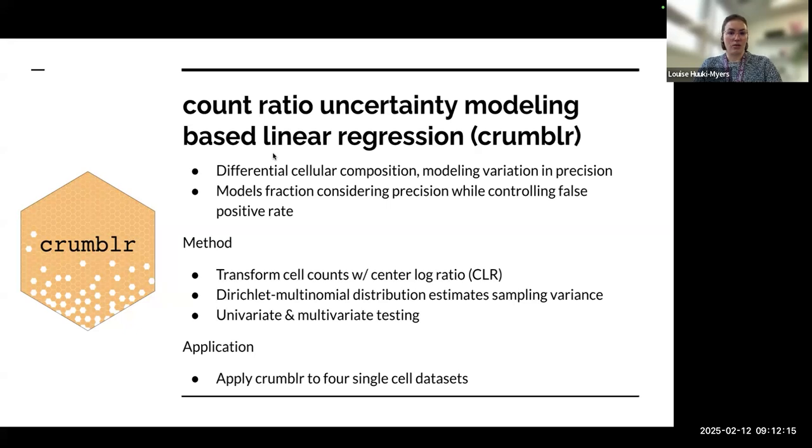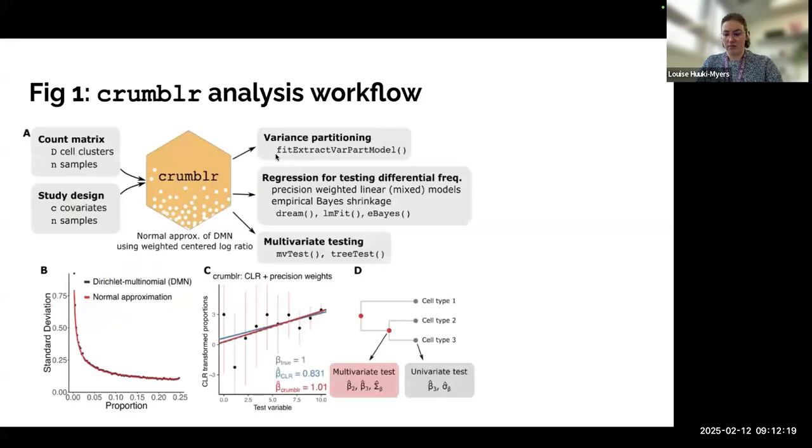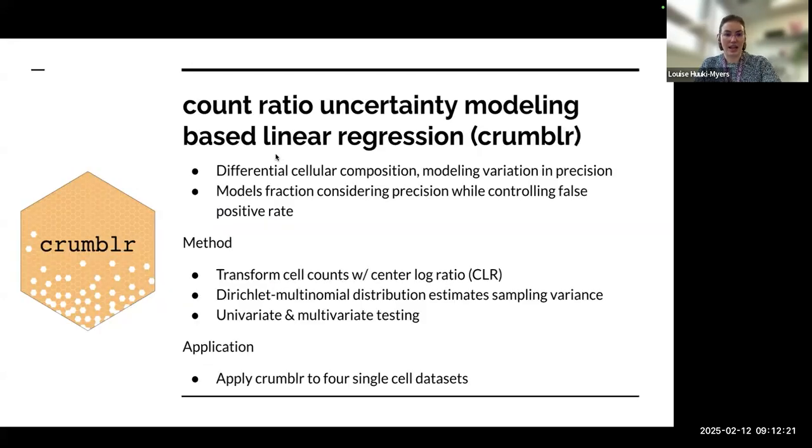With these two models, we're able to do univariate testing, where we test just one cell type, and also multivariate testing. Then in this paper, they apply Crumblr to 4 single cell datasets and test for cell type differences across some different variables.